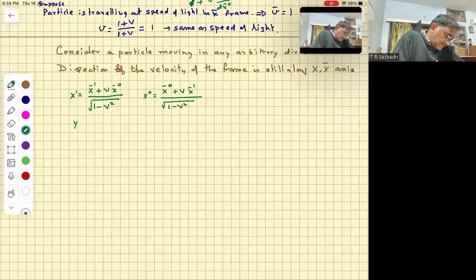However, I had x2 equal to x bar 2 and x3 equal to x bar 3. This is what I had, right?